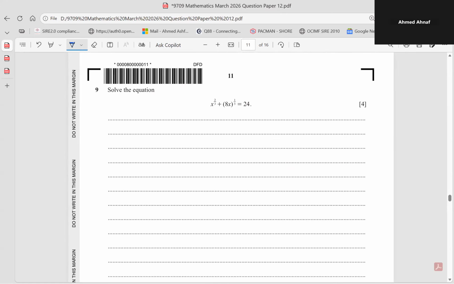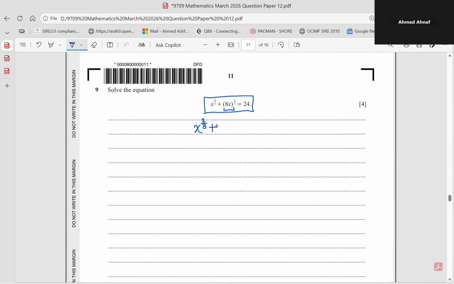Okay, so for this question, we're basically just told to solve this equation that's given here. So first things first, let's open up the brackets in the middle term here. So this is going to be x to the power of 2/3 plus, since the power is completely outside the brackets, you can split the powers.